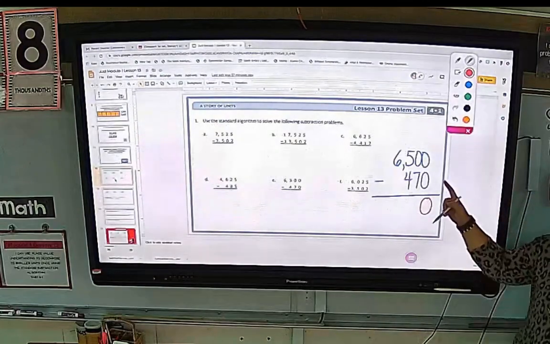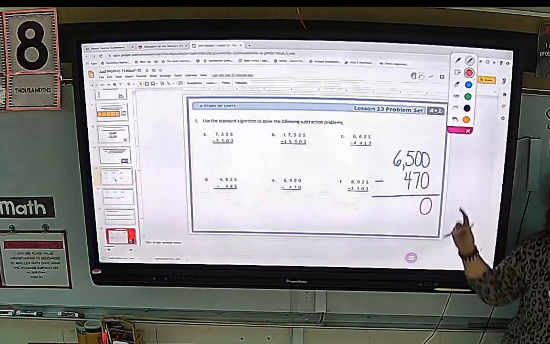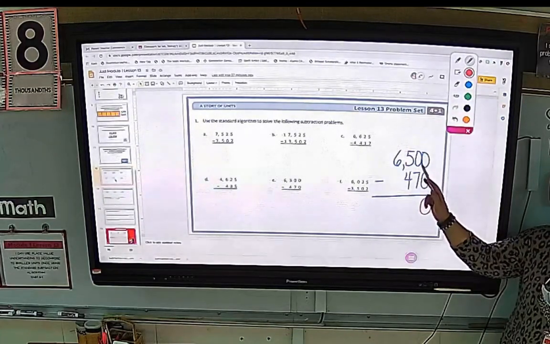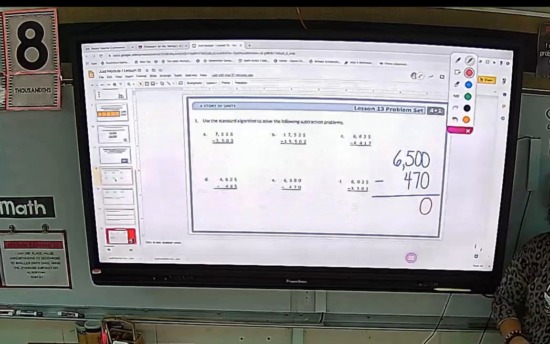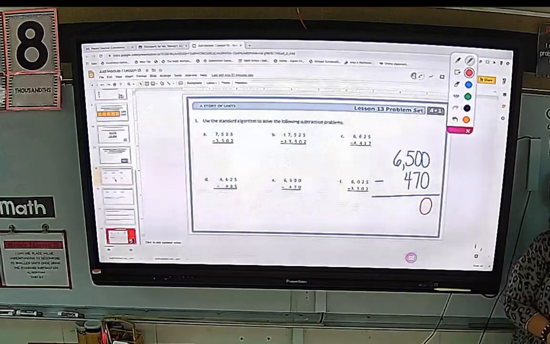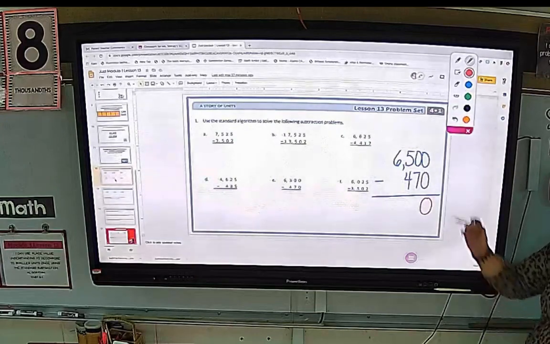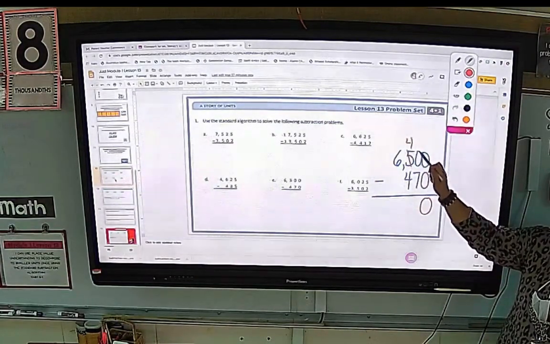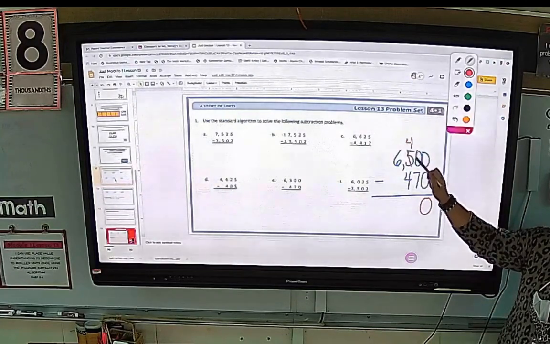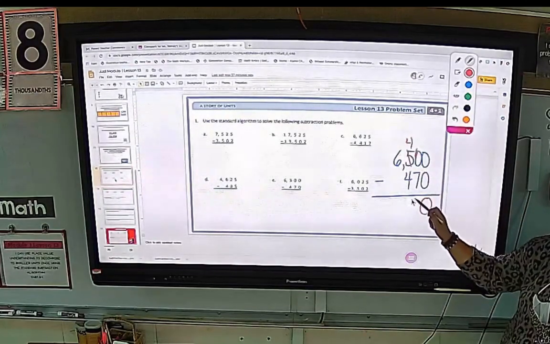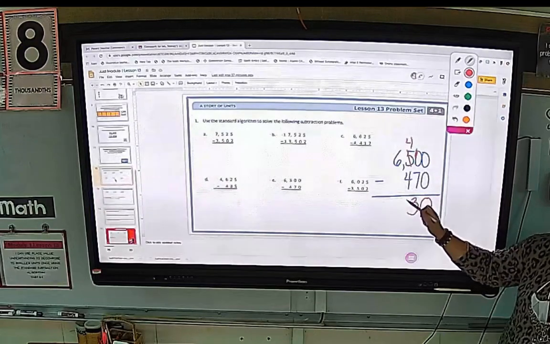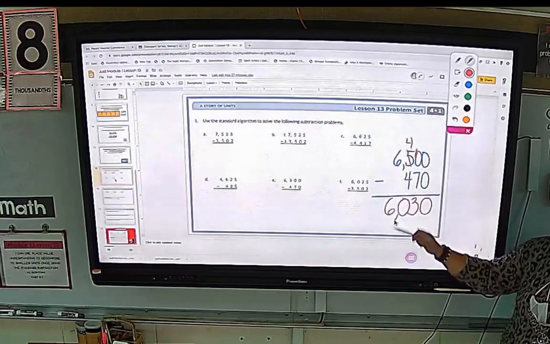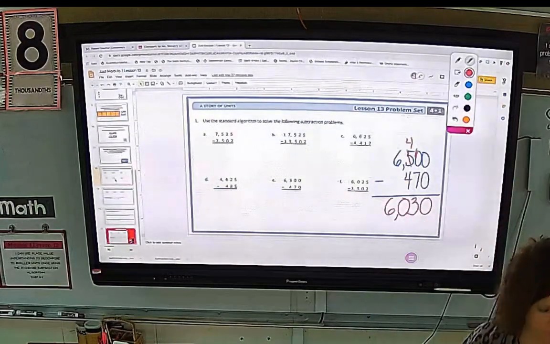Sometimes people forget that and start borrowing for that first 0. Don't do that. It might mess you up later. You get to the next 0. Can I subtract 7 from 0? No. If I have nothing, I can't take 7 away from nothing. So I've got to go next door, change that to a 4, and this becomes a 10. 10 take away 7 is 3. 4 take away 4 is 0. 6 take away nothing is 6. Okay? Just wanted to remind you about those zeros.